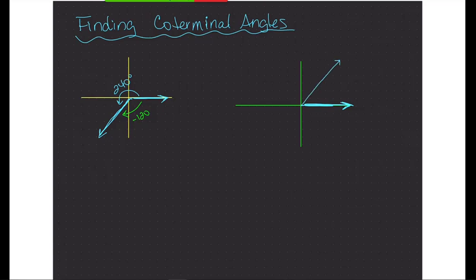I'm going to draw my terminal side going here. But now I'm going to give you guys a crazy angle. So I'm going to start my angle at my initial side, but I'm going to go up and I'm going to go all the way around and come back.